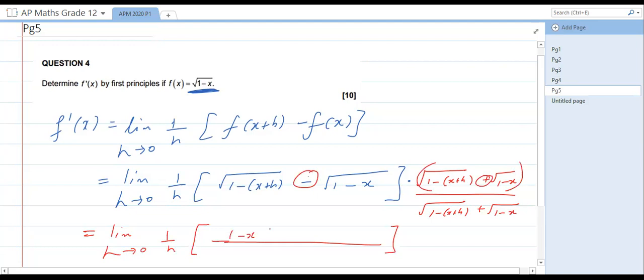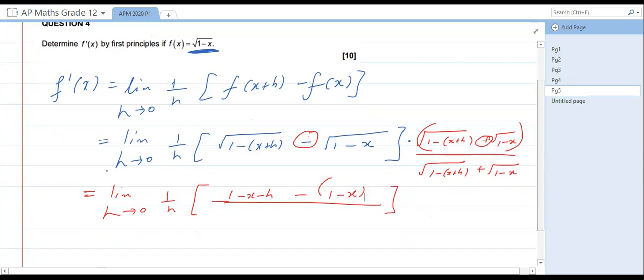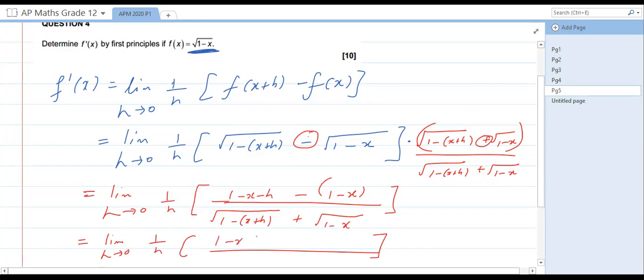So 1 minus x minus h in here, subtract 1 minus x, divided by, I will leave the bottom term as it is, so the square root of 1 minus (x plus h) plus the square root of 1 minus x. Now we can see that the limit as h approaches 0 of 1 over h into, simplifying the top, should give me 1 minus x minus h minus 1 plus x.